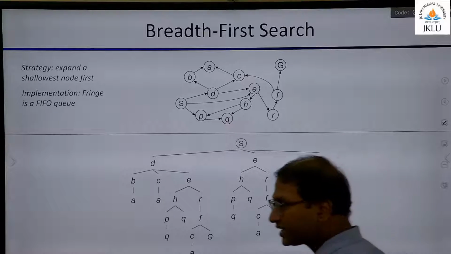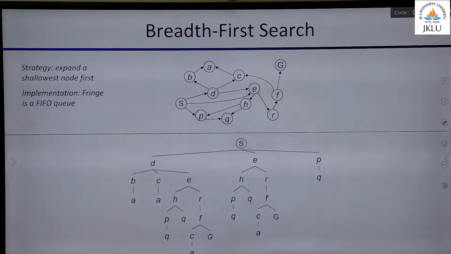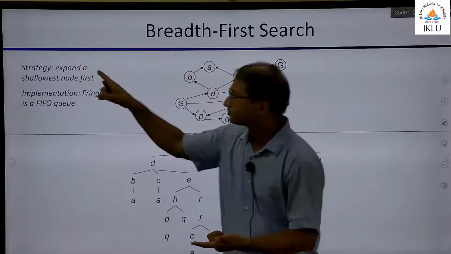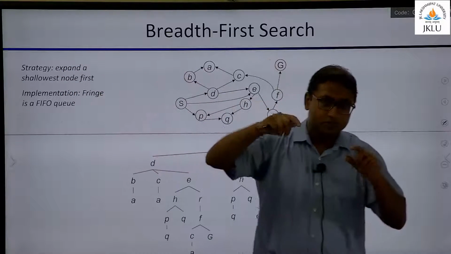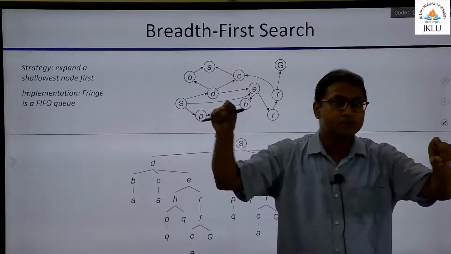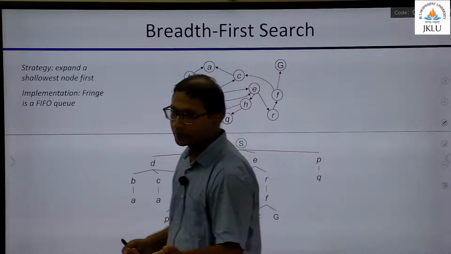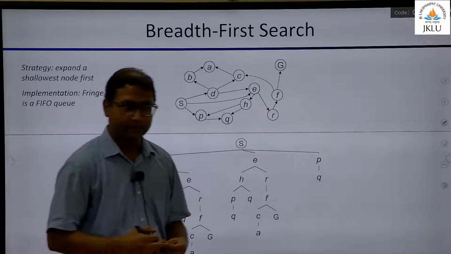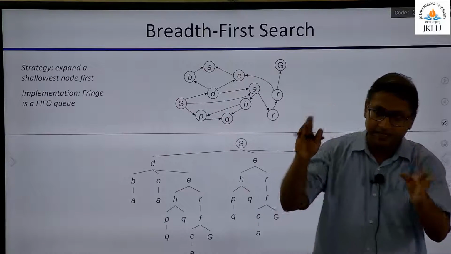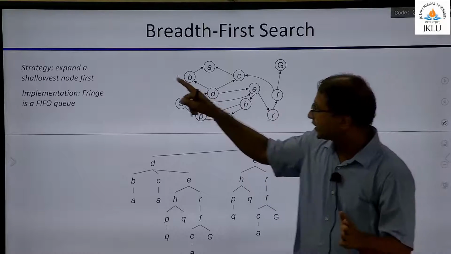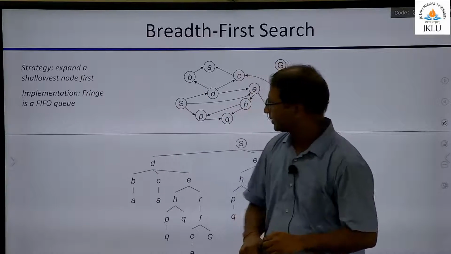Because fringe is a data structure where you maintain which nodes you are supposed to visit now, right? And the third thing was strategy, right? Because your fringe contains elements, but which element are you going to expand first? That's a question that is still there in front of you. One strategy we have already covered. What is that? DFS. Next one is BFS.